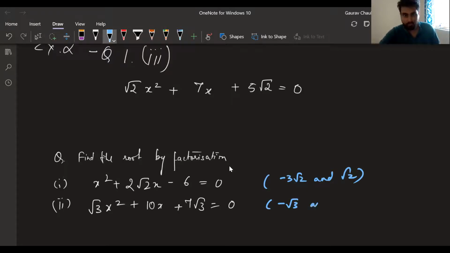Minus root 3 and minus 7 by root 3. If you have got the answer, you can do one more question. We have a couple of minutes.